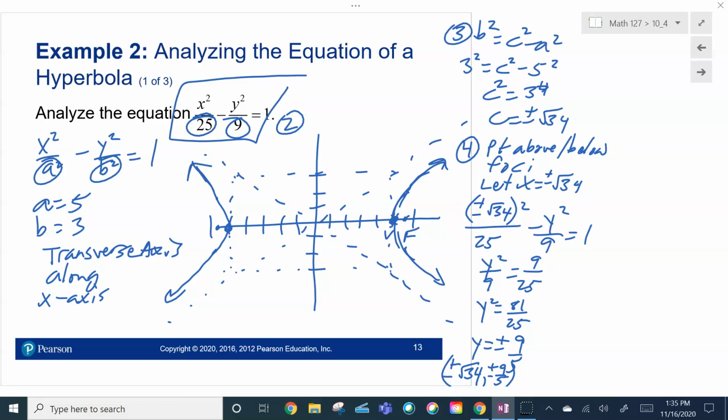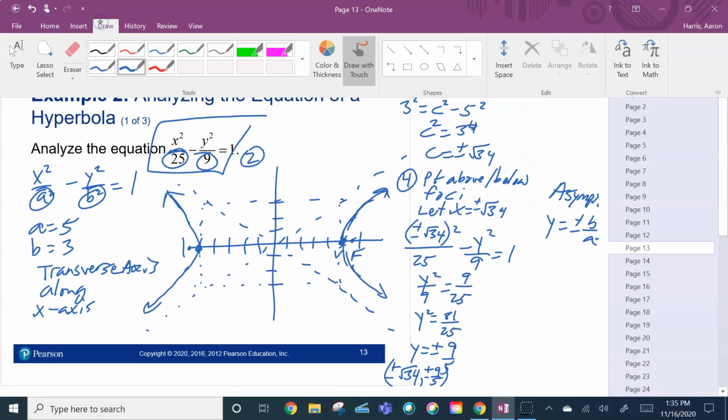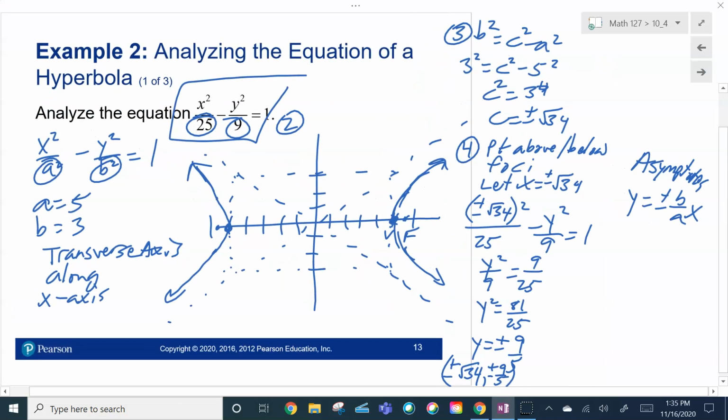And then, yeah, so that's that. Our asymptotes are up b over a, so plus or minus b over a x. In this case, we're up b 3, over a 5, so plus or minus 3/5 x.